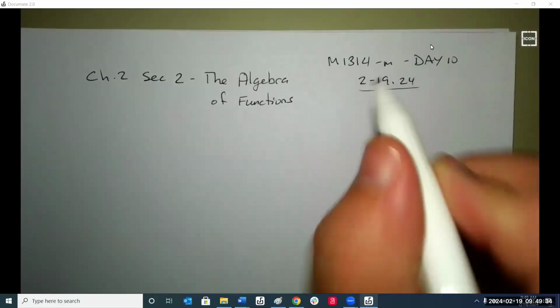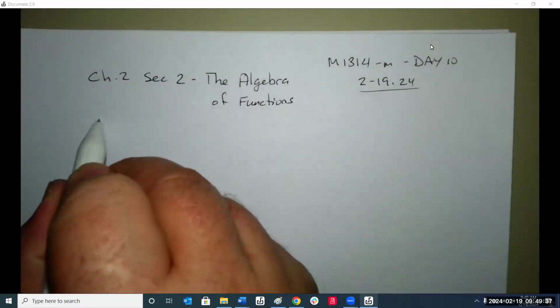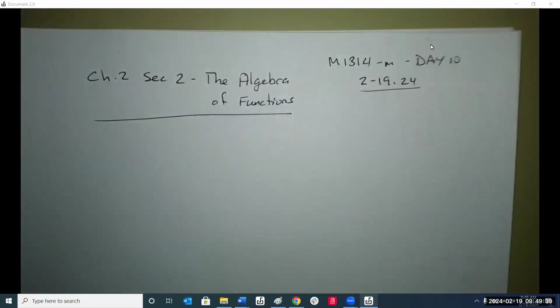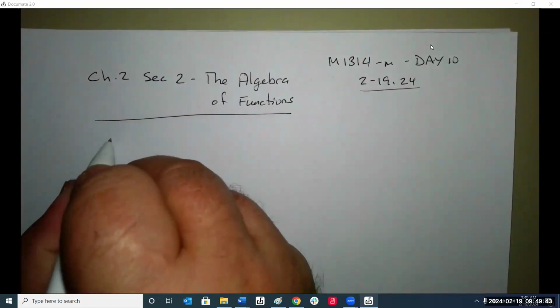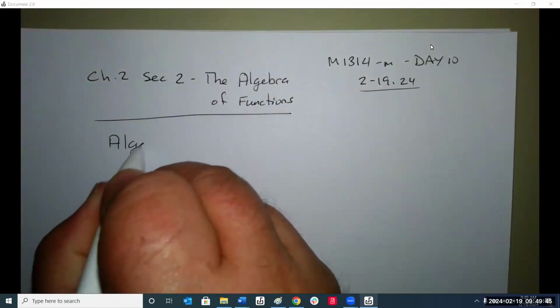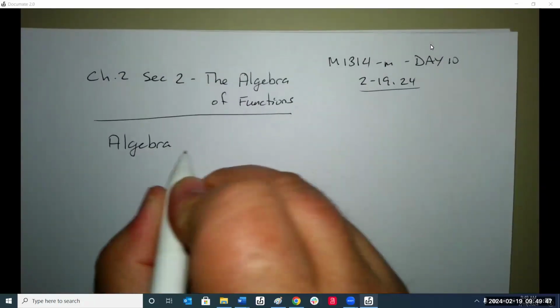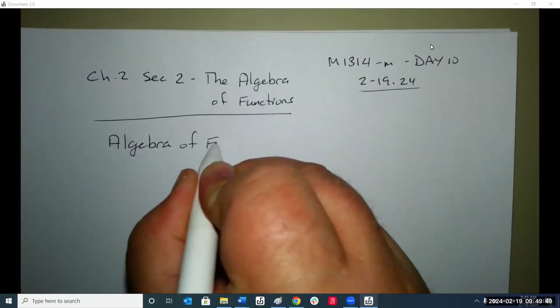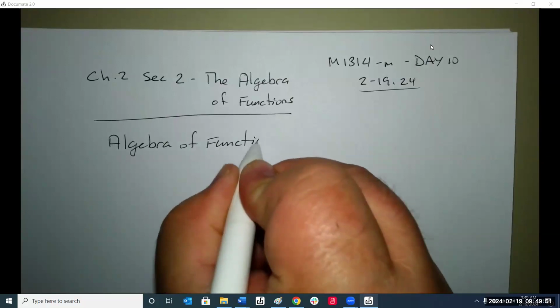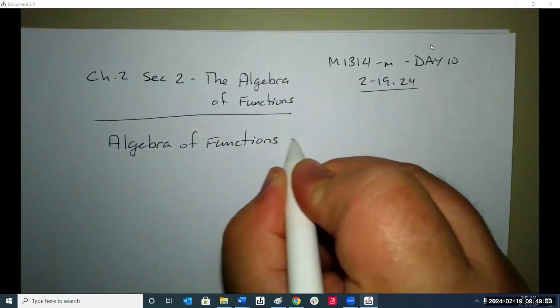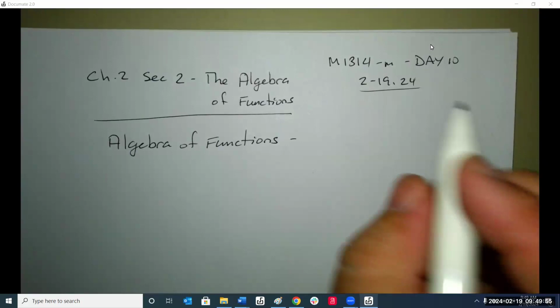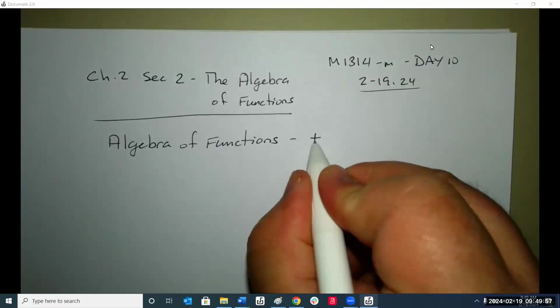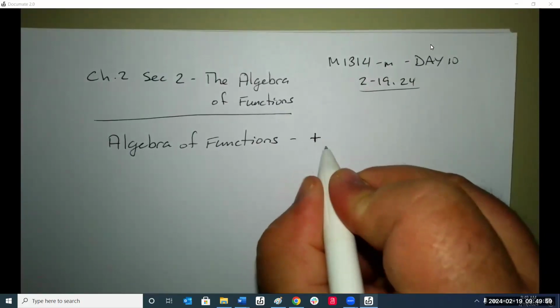Right. So now we'll continue Chapter 2, Section 2, the Algebra of Functions. When we say algebra of functions, we're simply stating that with functions, we can do what are called the binary operators.